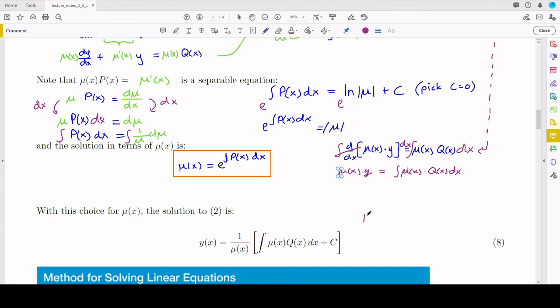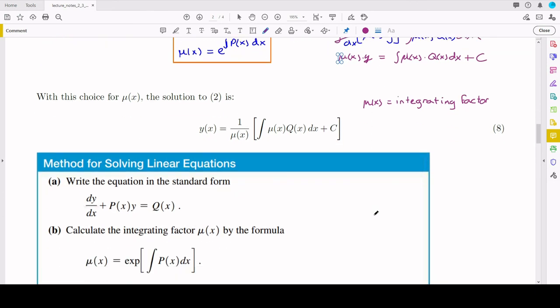So mu of x is an integrating factor. And then the antiderivative of mu of x q of x dx plus a constant of integration, right? I forgot to put that right there.